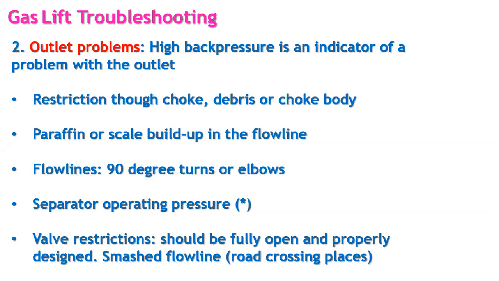Paraffin or scale is a very common problem, especially in fields where we have different seasons. Of course, in winter, this is something that we have to face, and that's why some fields have to use glycol or another solvent for this type of scale build-up.